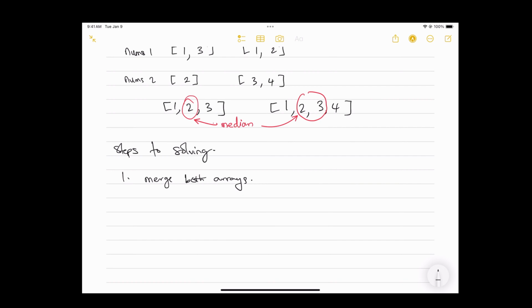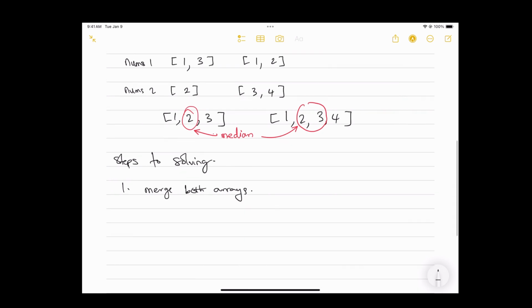Also, we could have a scenario where it's 1, 5, 7 for one array, and the other array is 2 and 4. So putting this one behind this wouldn't necessarily give us a new sorted array. So if the first step is merging the arrays, then the next step should definitely be sorting the merged array.